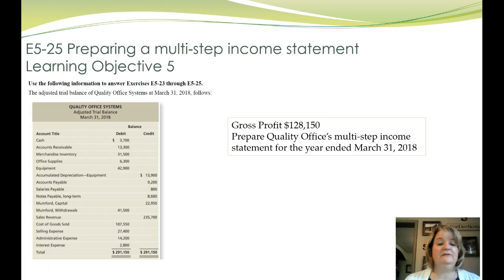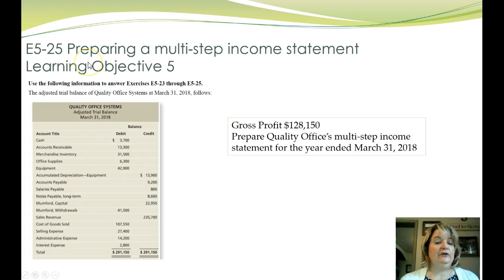The next exercise we're going to go over is preparing a multi-step income statement. One of the exercises you did was a single step, but I thought you should also see a multi-step income statement. The parts of a multi-step income statement, you have the selling expenses, of course, administrative expenses, operating income, and other income and expenses.